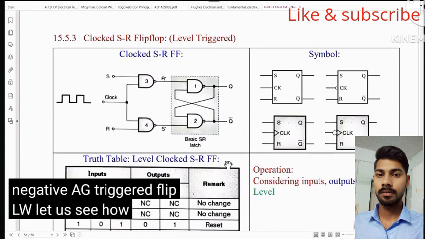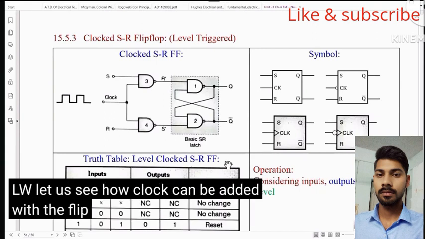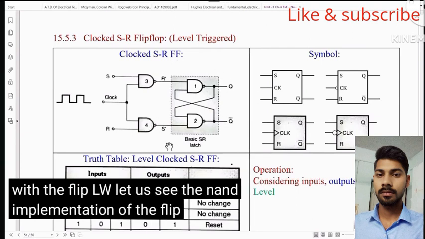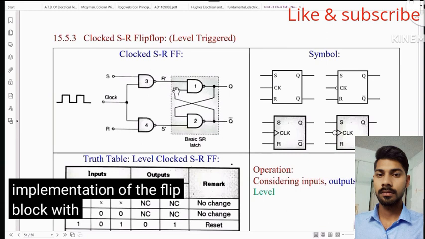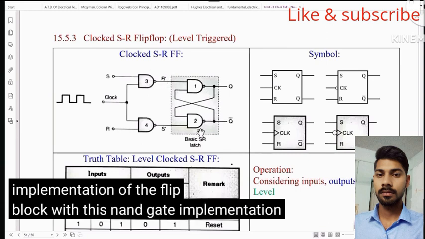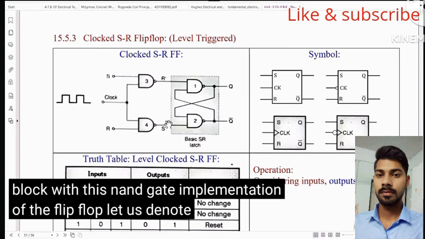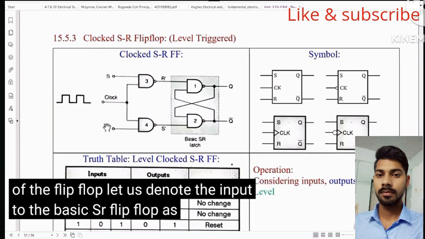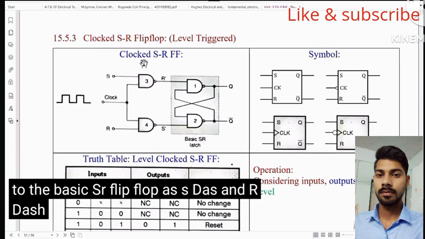Let us see how a clock can be added with the flip-flop. Let us see the NAND implementation of the flip-flop. With this NAND gate implementation of the flip-flop, let us denote the input to the basic SR flip-flop as S dash and R dash.